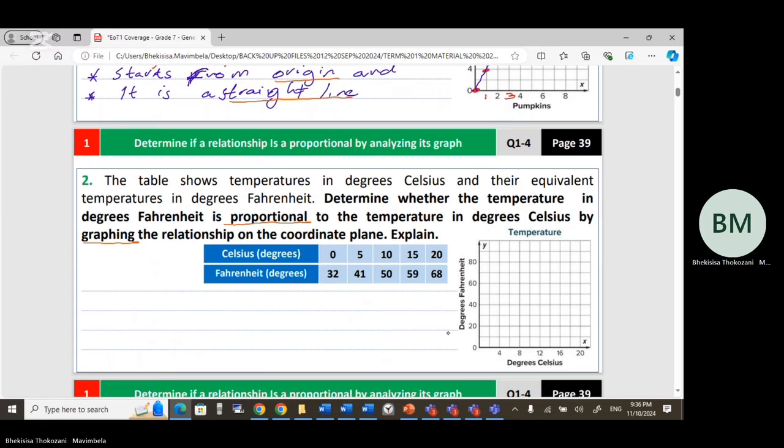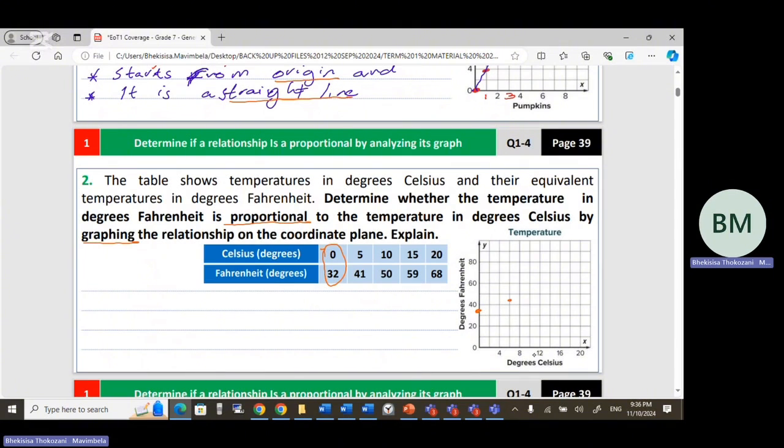You can see here when it's 0, let's start with the first point. When it is 0, it is 32. So my 32 is going to be here. When it is 5, my 5 is somewhere around here, just above 41.